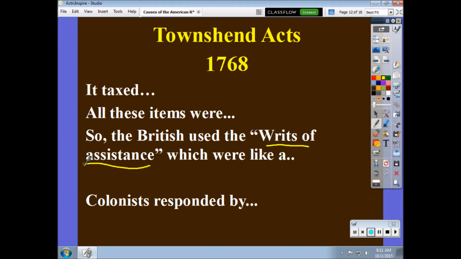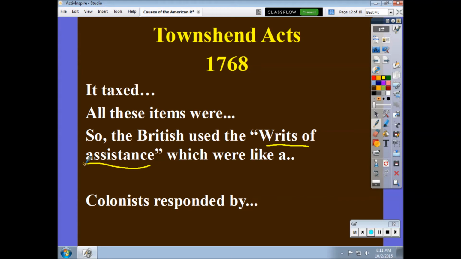The writs of assistance are kind of like a search warrant. The difference is that in a search warrant, the authorities have to specify the time and the place and the things that they expect to find. So they can't just simply show up at your house with a search warrant and say, we're searching. The search warrant has to specify these things at this place at this time, and it has to be signed by a judge.